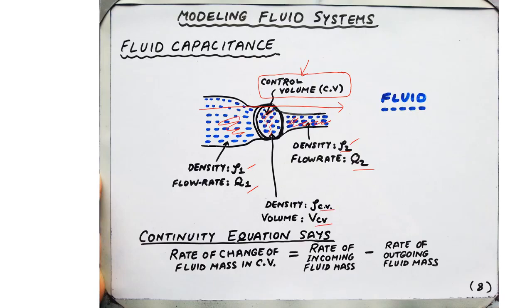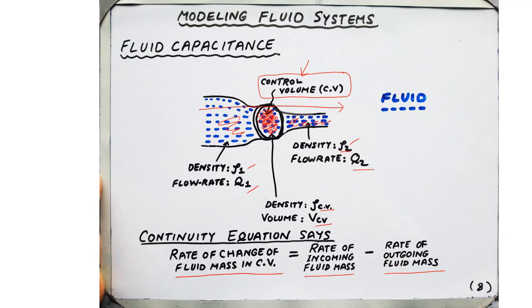To derive the expression of capacitance, we're going to utilize the continuity equation, which says that the rate of change of fluid mass inside the control volume, that is, how quickly the mass of the fluid changes over here, is just the difference of the rate of incoming fluid mass and the rate of outgoing fluid mass.